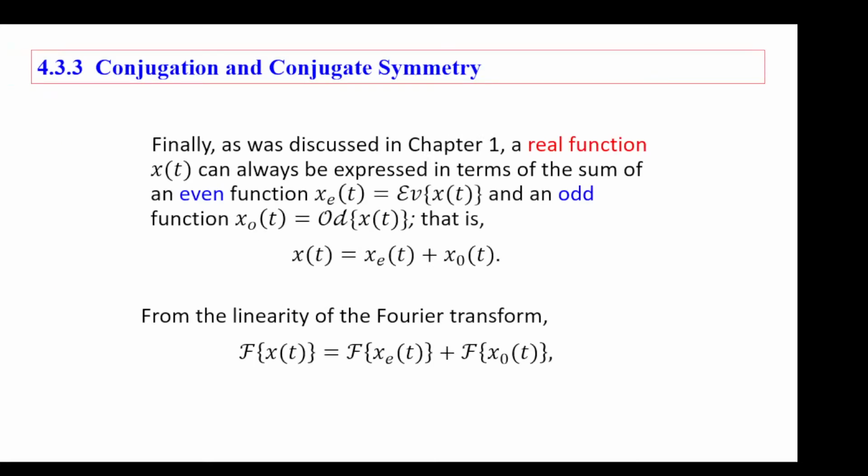So x of t is already real, and we make it into an even part and an odd part. Since x is real, both parts are real. Obviously this one will be real and even, and this one will be real and odd.